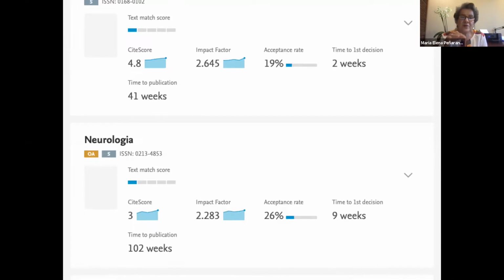So what they do is they go to the previous year, let's say 2020, and they take all the articles published in this year, divided by the total citations of the articles in that journal. So the impact factor measures how often people cite articles in that particular journal in a year. So the higher the better.